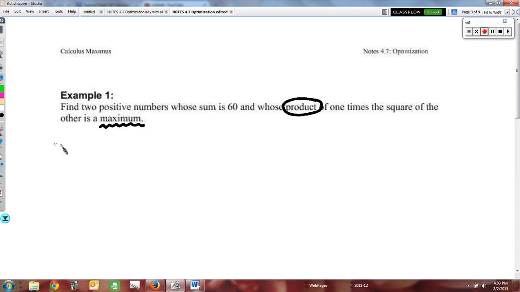Okay, so your first step is you have two numbers. Usually when you're doing this, you might have to define some variables. So I'm going to do x and y. So x is the first number, y is the second number, just to give myself some variables to work with. There's no picture to draw in this one, but I do know that I want to maximize, so I say max, and what I'm trying to maximize is the product.